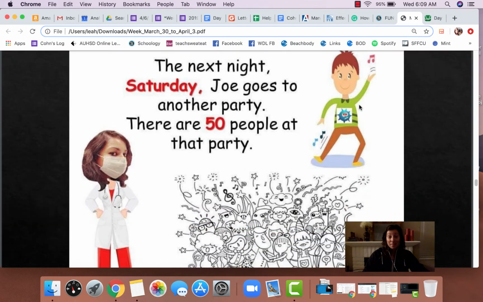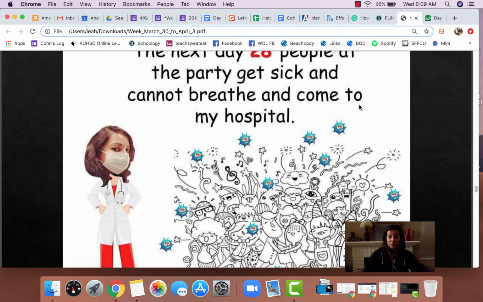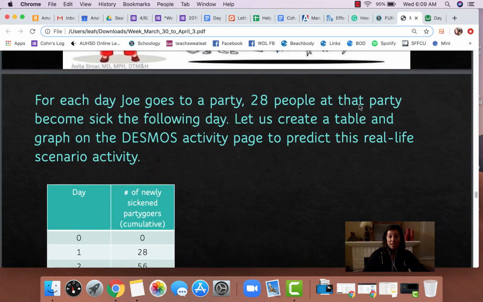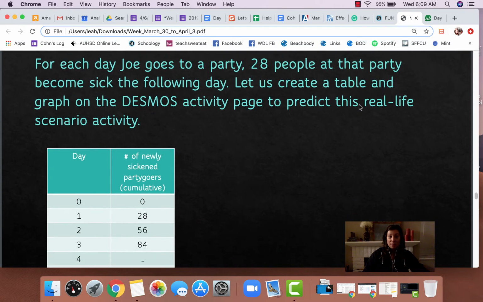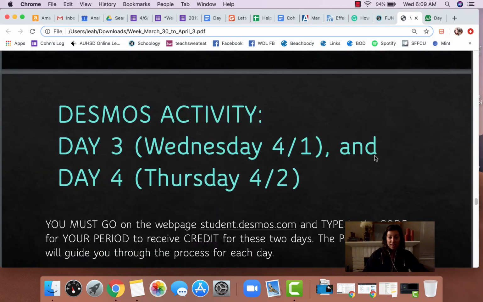Saturday, he goes to another party, and there are 50 people there. 28 of those people cannot breathe and go to the hospital. So every time Joe goes to a party, 28 people get sick the next day. And so we show a graph of what this would look like if Joe kept going to parties and spreading the coronavirus around every day.